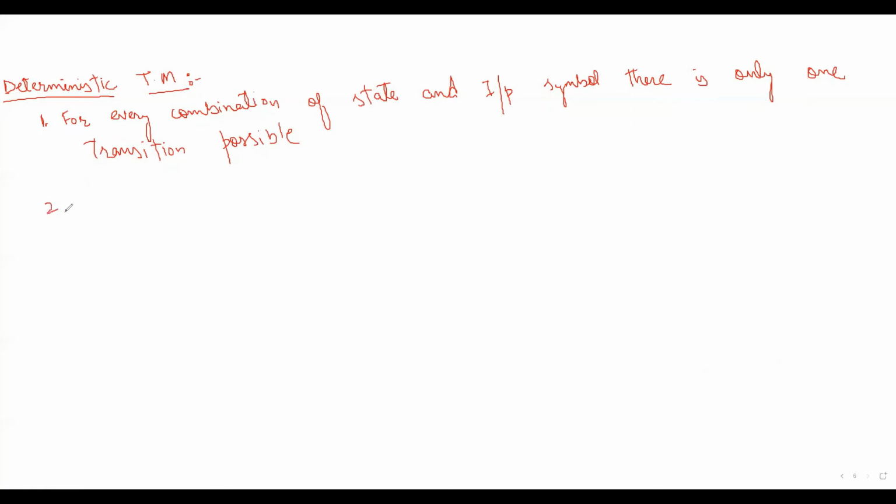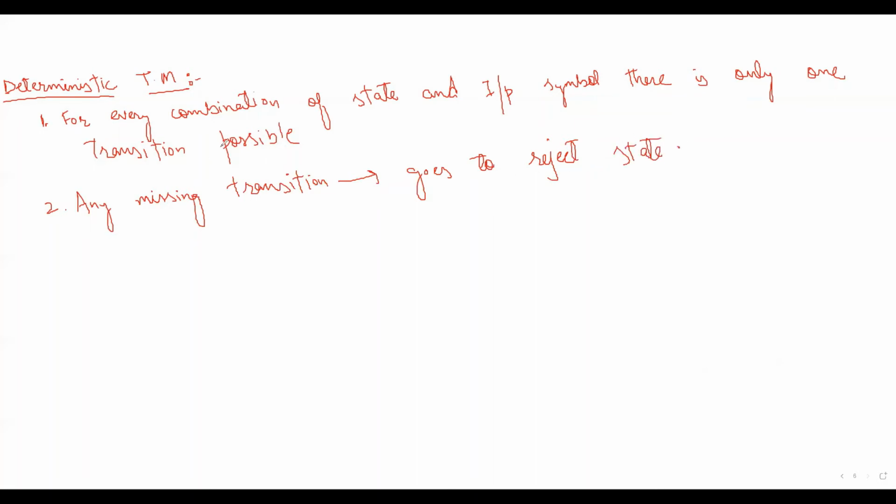Second point is any missing transition itself means that it goes to reject state. So if there is some transition that is not available, that means it will go to a reject state.